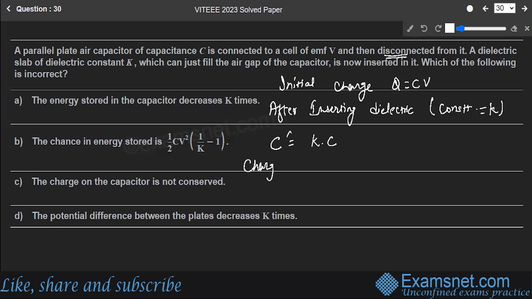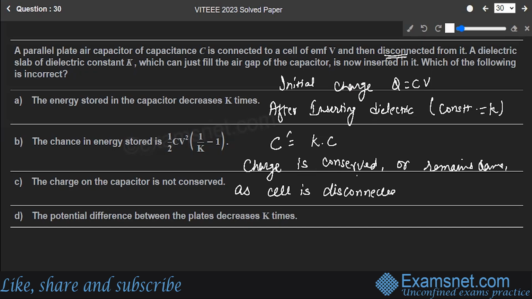So charge is conserved, or remains the same, as the cell is disconnected and the capacitor is isolated.